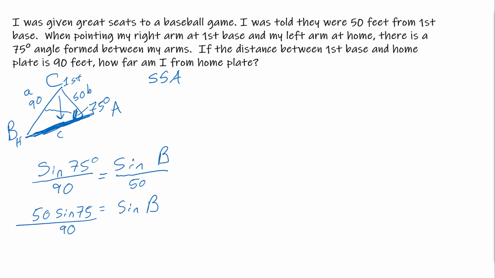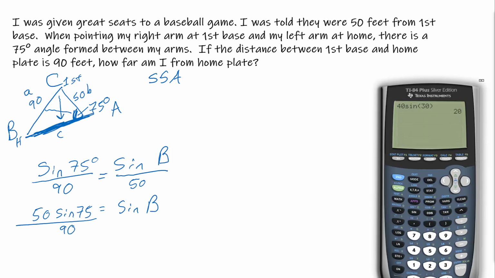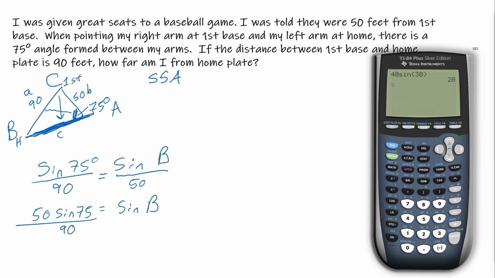So let's bring that up on a calculator. And I've already double checked this is in degrees. 50 sine 75, close my parentheses, divided by 90 equals. Gives me that number. Now I'm going to do my inverse sine of that number. And that gives me that B is about 32.5 degrees.